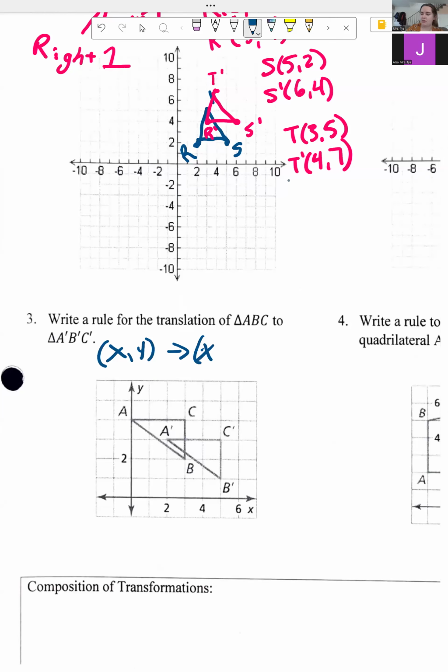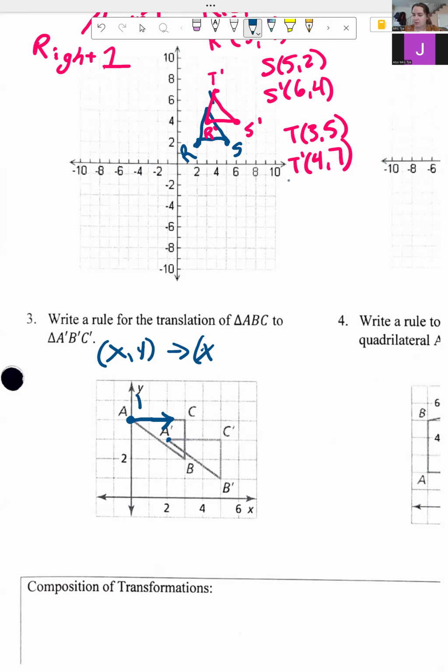Okay, I'm just going to compare A and A prime. You can look at any of the points. They should all be moved the same. But we're just going to see how far left or right we went from the original to the new, then how far up and down. Okay, so if I'm starting here at A, it looks like I'm moving 1, 2 boxes to be in line with this A prime right here.